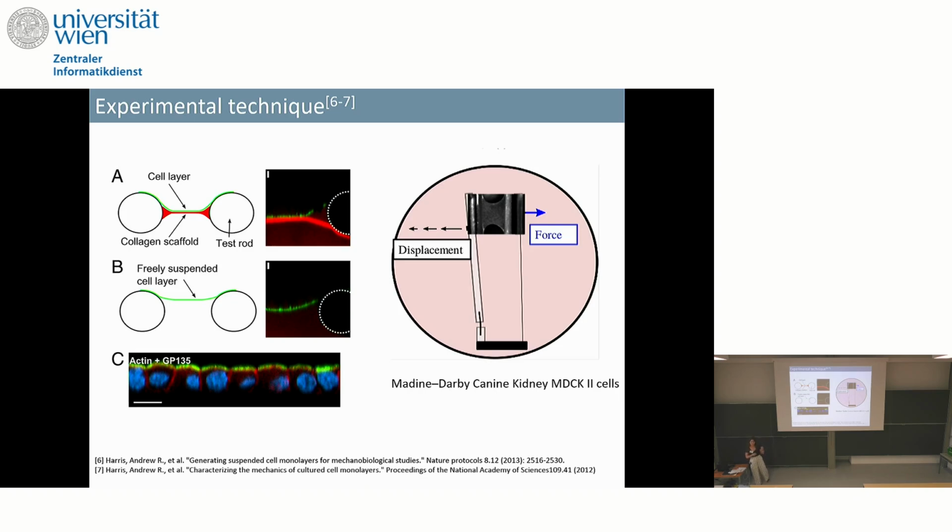Just before the experiments, with an enzymatic digestion, you remove the collagen underneath, and you are left with just a single layer of epithelial cells directly attached to your testing device. Then you put it in your testing machine and apply a displacement on the rigid bar. By looking at the deflection of the flexible bar, you can infer the force that has been applied.